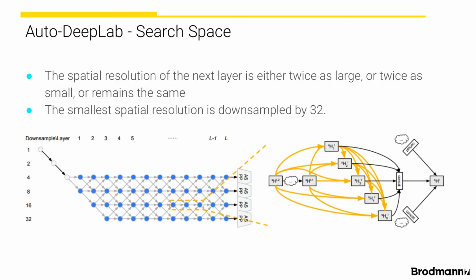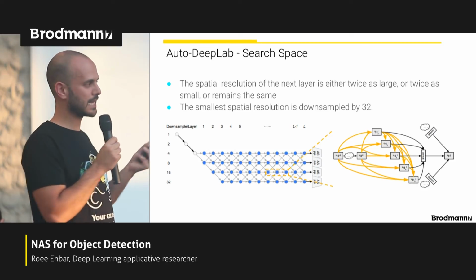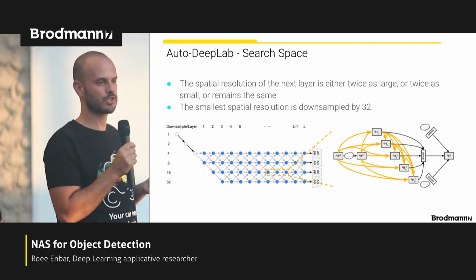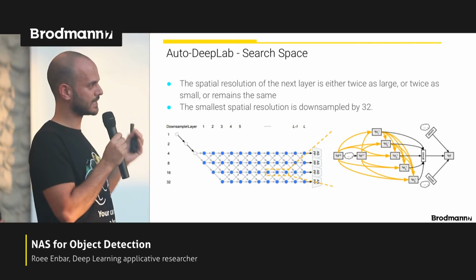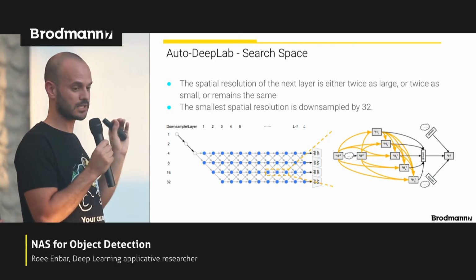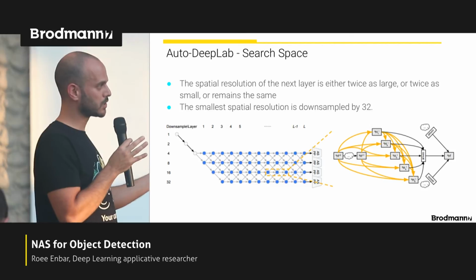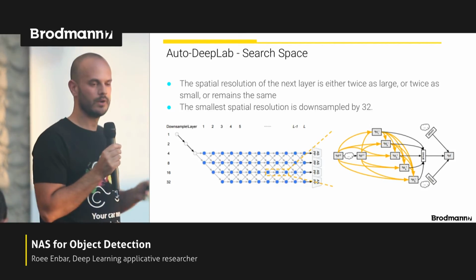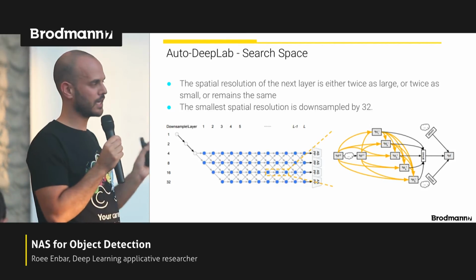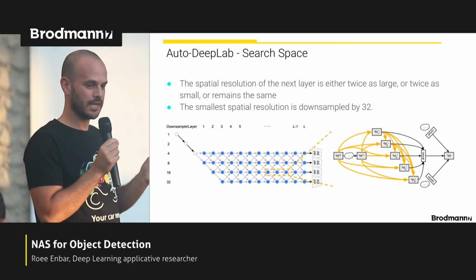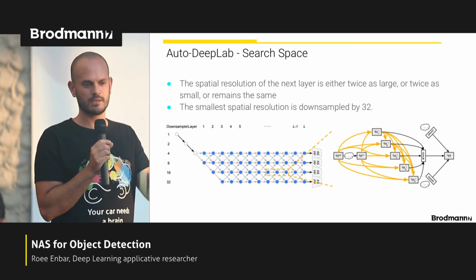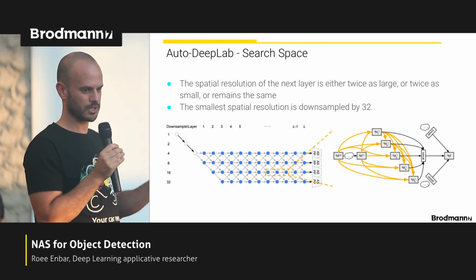So they note that the spatial resolution of the next layer in most image segmentation networks is either the same or it's twice as big or twice as small. So what they do is they design this trellis-like diagram where each layer is connected to the next layer, which is either twice as big, twice as small, or the same spatial resolution, right?